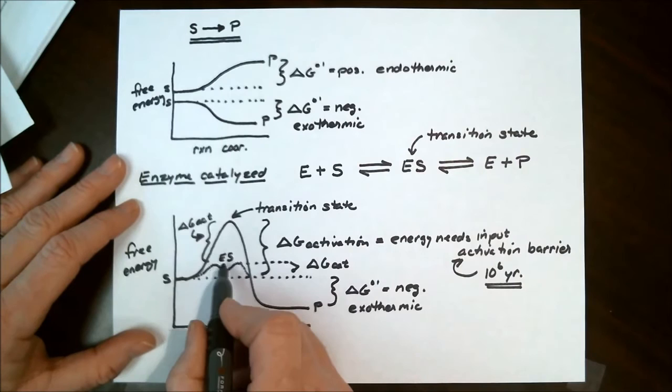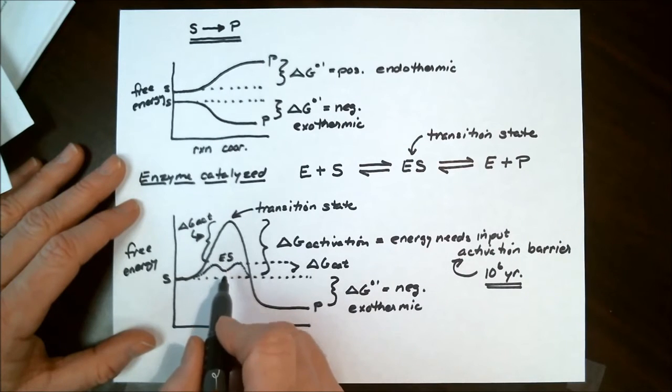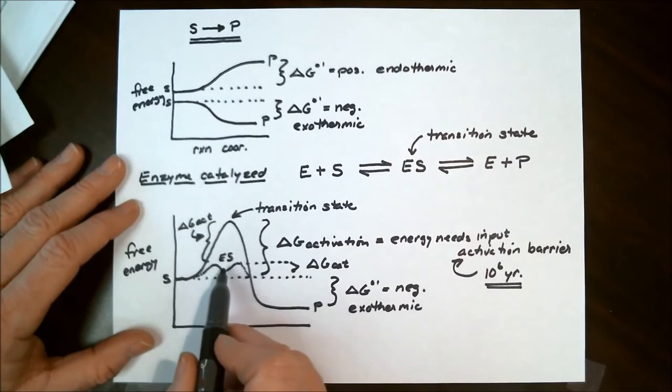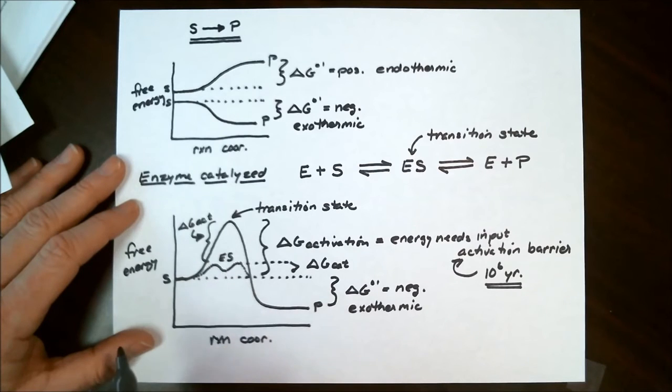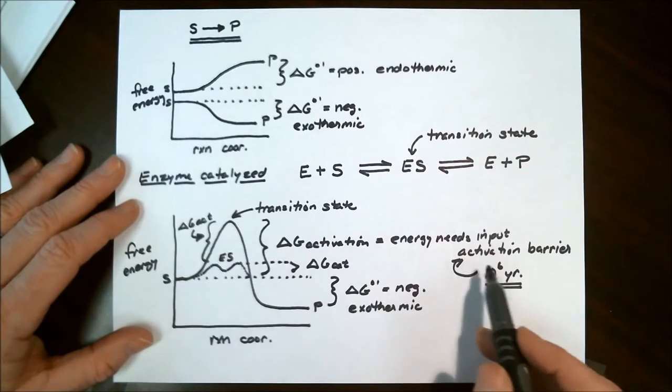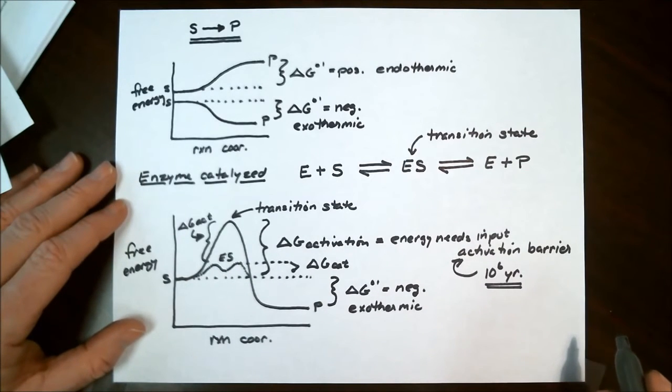And so we can place the ES complex, enzyme substrate complex, in this trough. And that will represent the free energy change between the substrate and enzyme substrate complex. Now this reaction is going to move much faster because we've eliminated essentially the activation barrier.